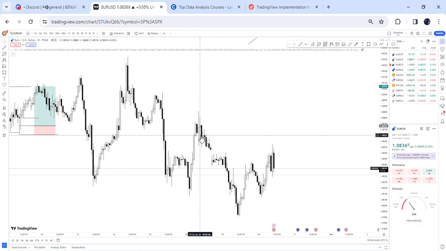So before I analyze EU or GU at the beginning of the week, the first thing I want to do is to analyze my DXY. What is my DXY telling me? Because the DXY has an ample effect on EU, GU, and these pairs. So once you have been able to do your analysis on the DXY, then you can go to your EU and look for the opposing move.